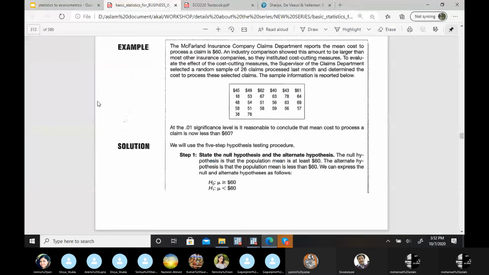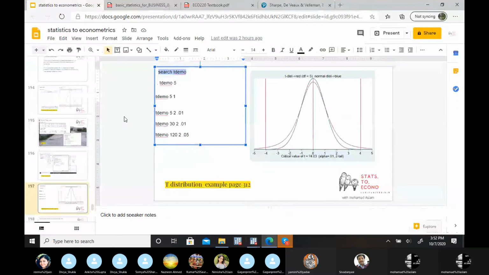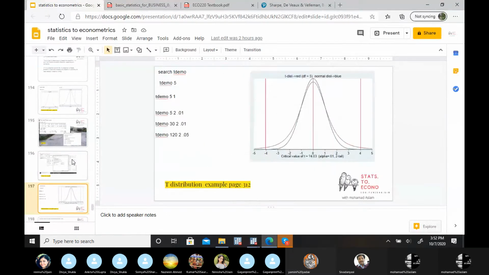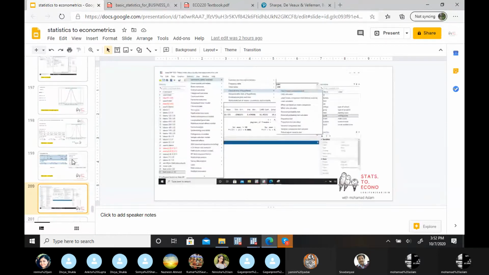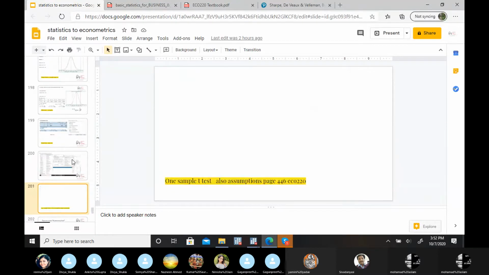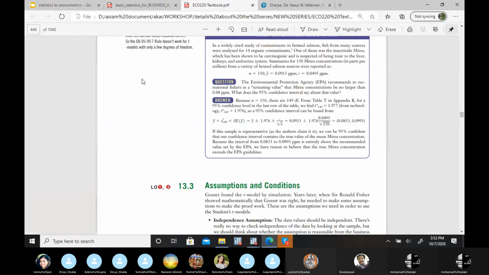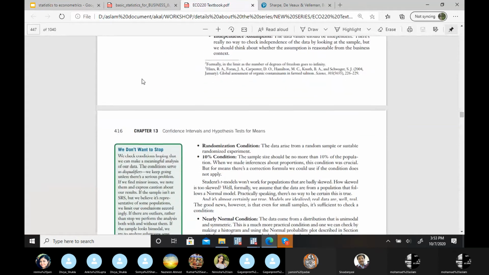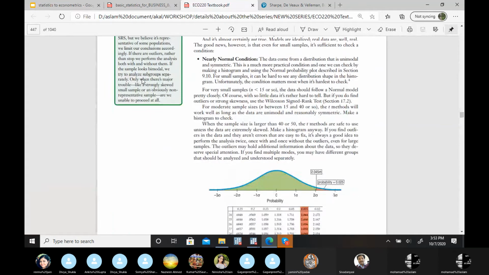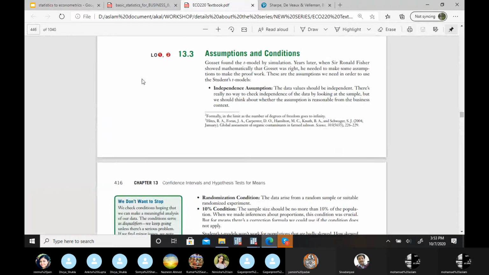There are a few things you have to keep in mind while you apply the t-test. Let me see it in this PPT. Yes, these are assumptions. There are a few assumptions that you have to take care of while you apply the t-test. Although these are more relevant to commerce, they are relevant to social science as well.